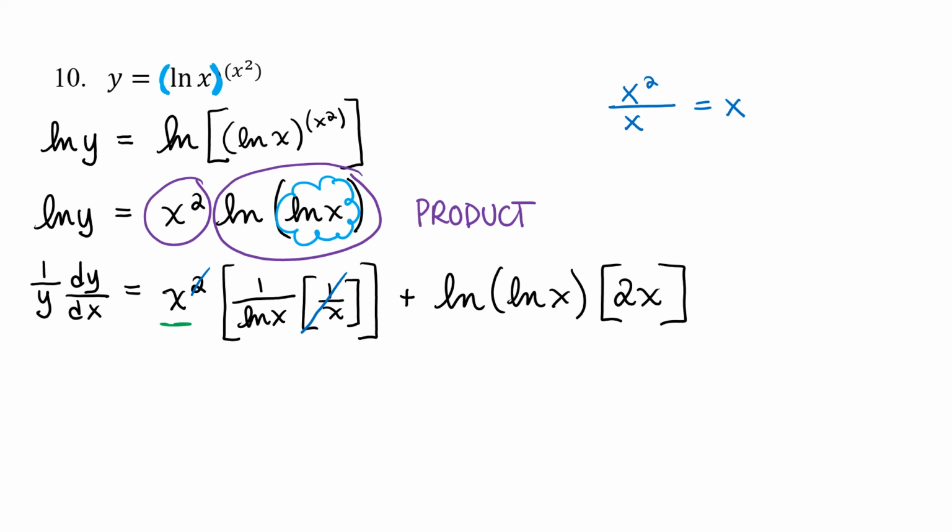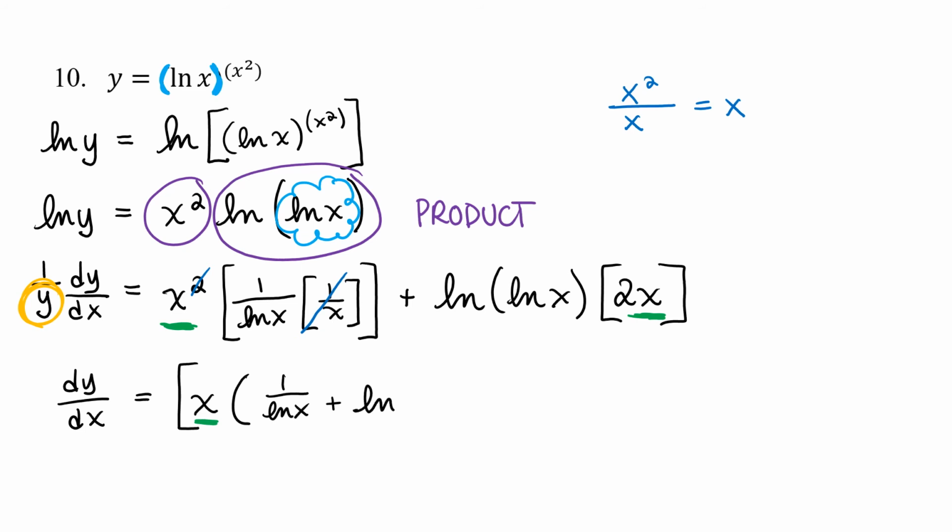And when I do that, both of my terms here have an x, so I can factor out an x. And I'll also multiply by this y at the same time. So I have dy/dx is equal to this x that I'm pulling out times 1 over the natural log of x plus the natural log of the natural log of x.